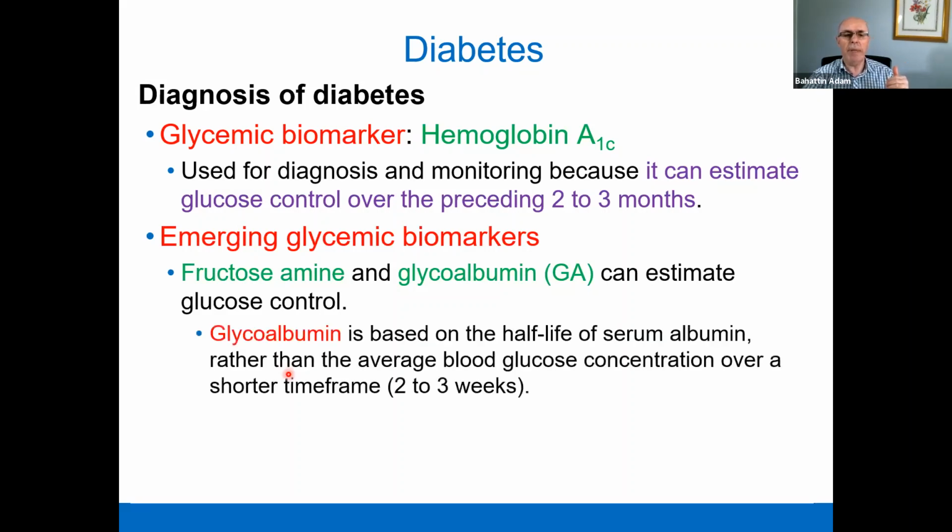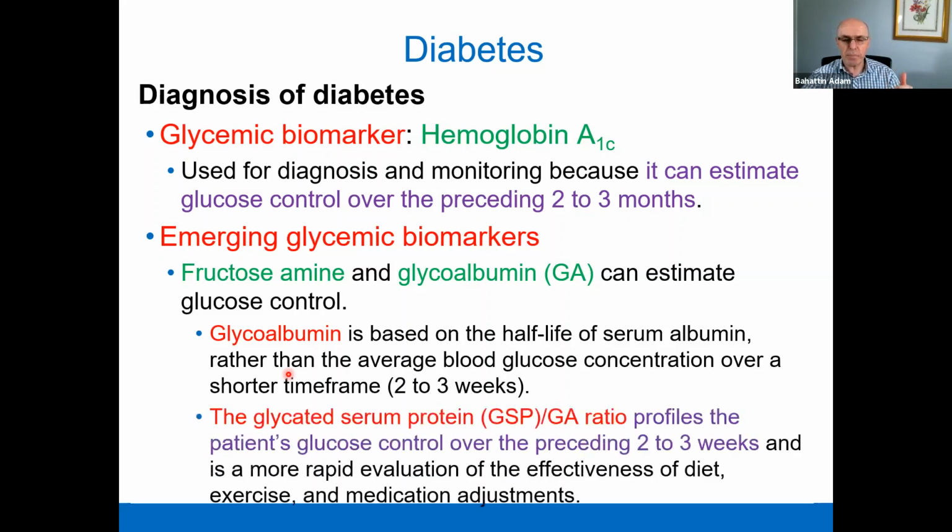Glycoalbumin is based on the half-life of serum albumin, which is about 20 days. What does that mean? It gives an estimation of glucose control over the preceding 2 to 3 weeks.